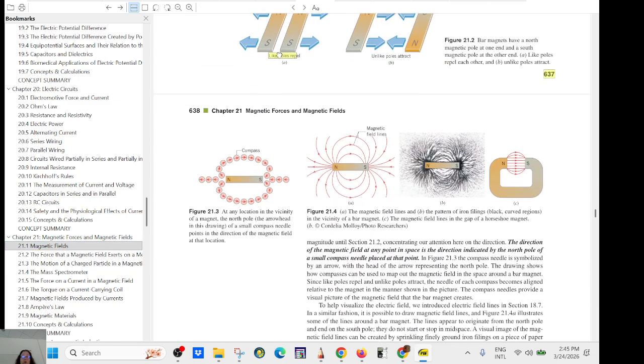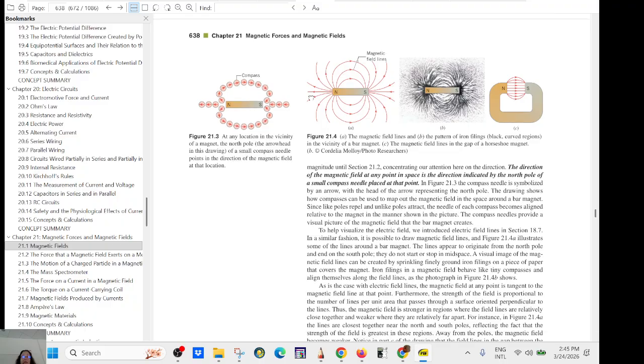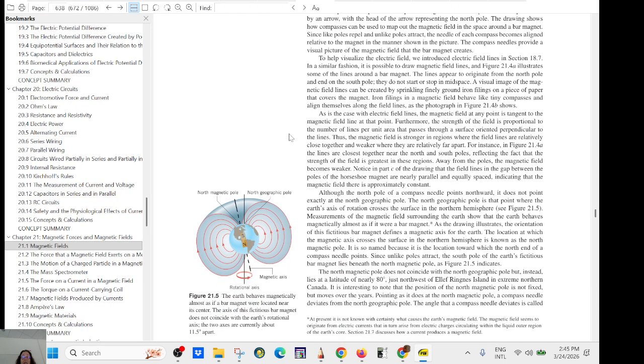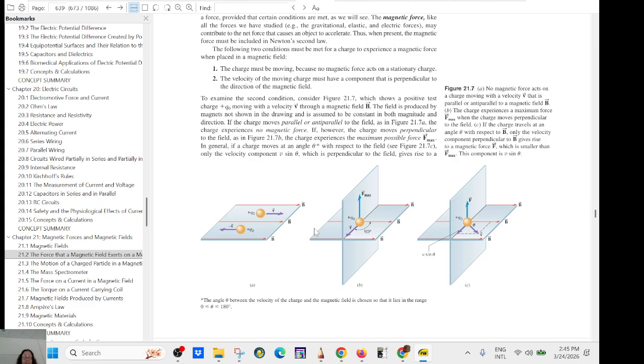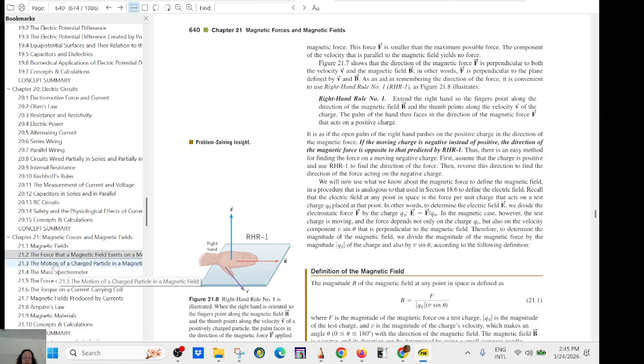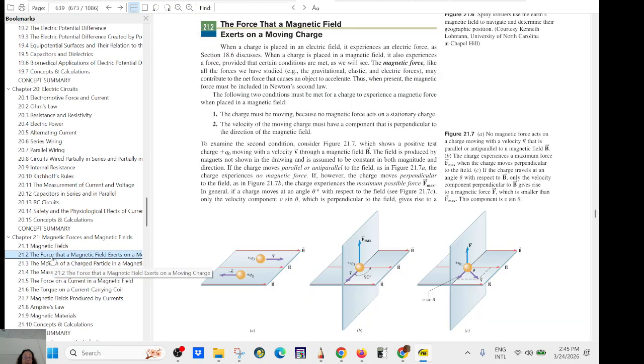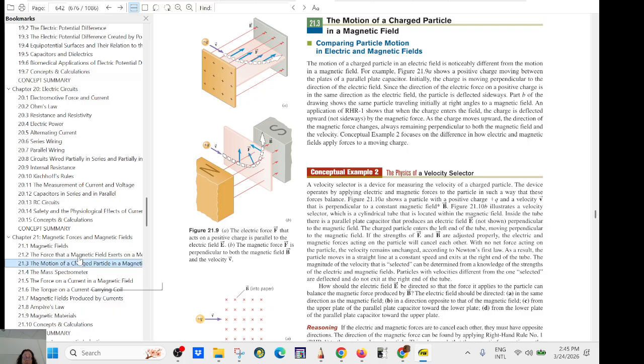So I recommend that you go over it. You can read, it's a very nice reading. So you see geographic north is the magnetic south, out of the north into the south. I have that in my slide, and so forth.